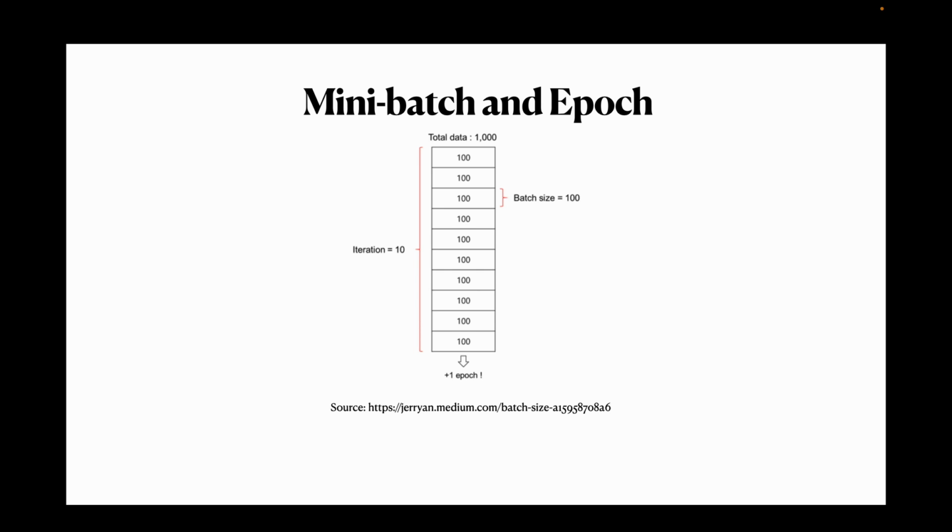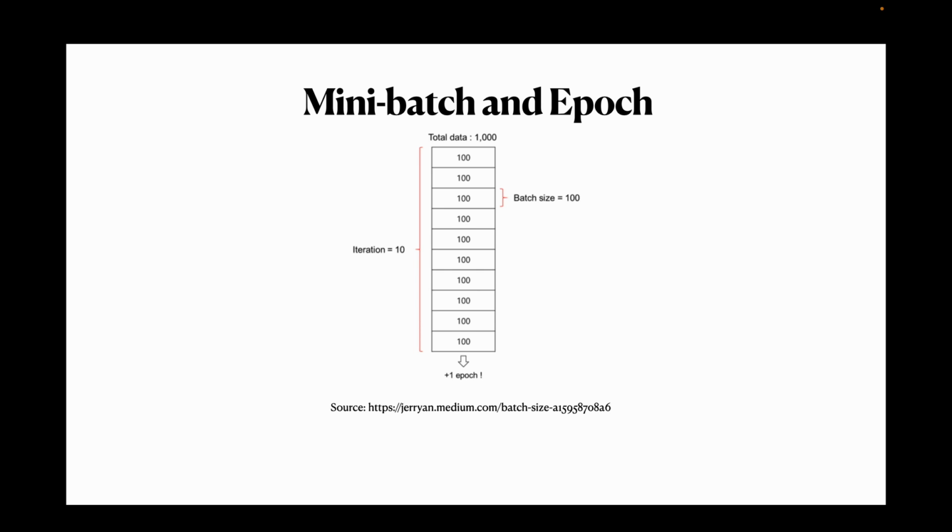Each time you pass 100 of this data to your neural network, you measure the error, you update the weights, and then you go to the next batch of 100 observations. Then you go to the next batch. By the time you have reached the end of those 1,000 observations in this example, we have gone through one epoch of training.